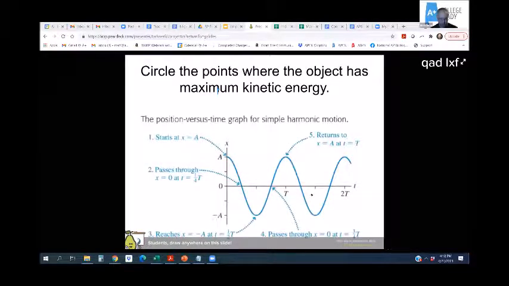Go ahead and take a minute and do that now. All right, again, guys, make sure you're in Pear Deck and you're circling the points on the graph where there's maximum kinetic energy.